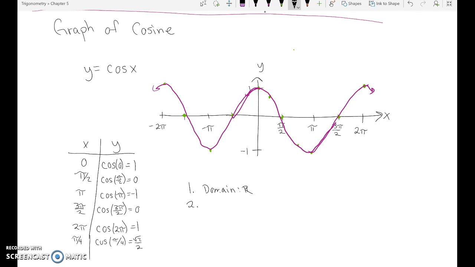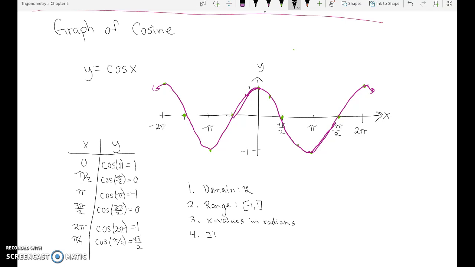The second thing is that my range stays between -1 and 1 inclusive for both of those. My third thing that I would like to notice is that, again, my x values are in radians. I'm using radians, I'm not using degrees. Radians are real numbers.